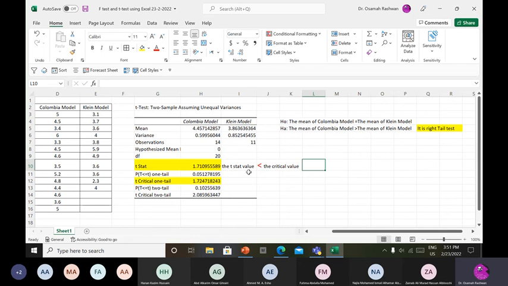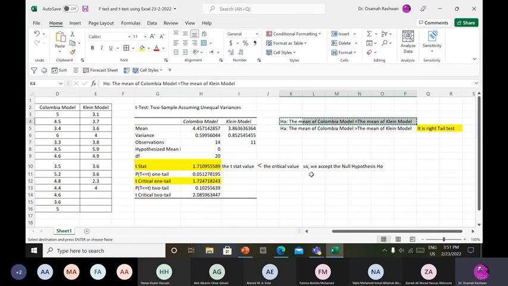Yeah, t-stat is before the t-critical. If it passed the t-critical, it would be in the rejection area. So what? We accept the null hypothesis. What is the null hypothesis? It is in front of your eyes here, H naught. So the mean of this one is equal to this one, right? So I can paste it here, right?